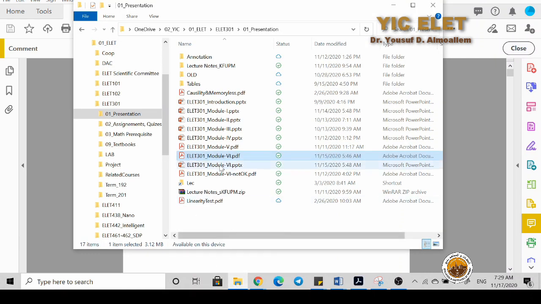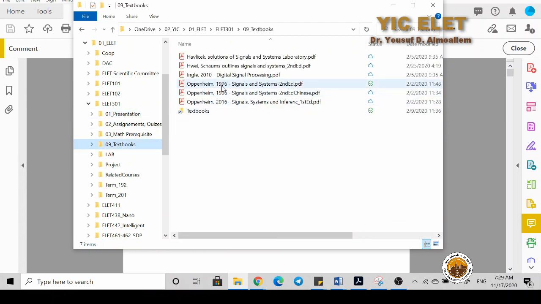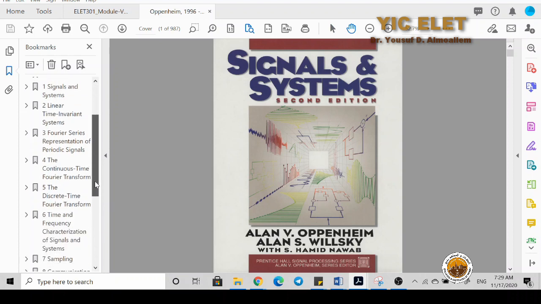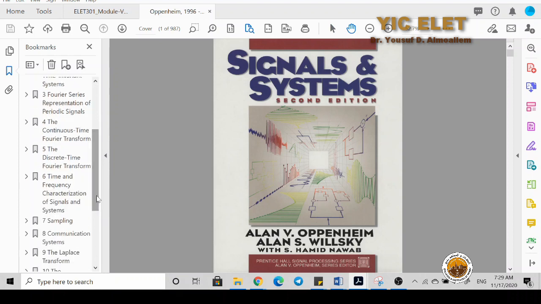In the textbook that we're taking for this course, the Laplace transform comes a little bit in the later stage, and as we mentioned last class, the Laplace transform comes in chapter number 9.